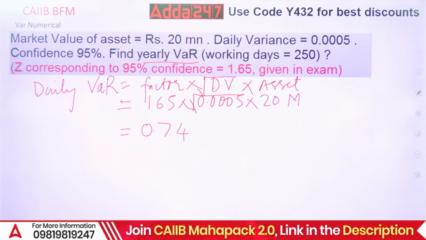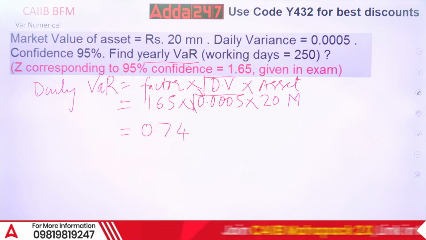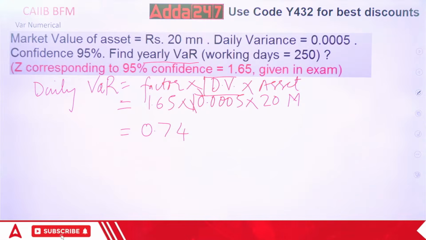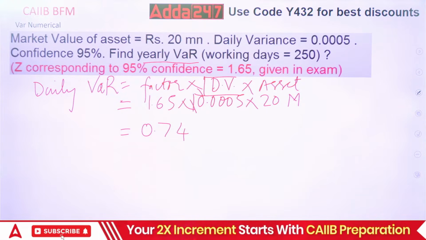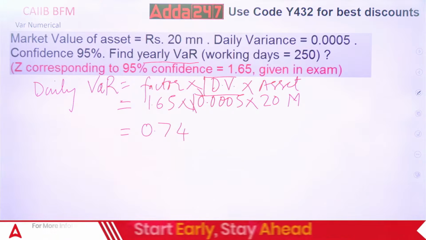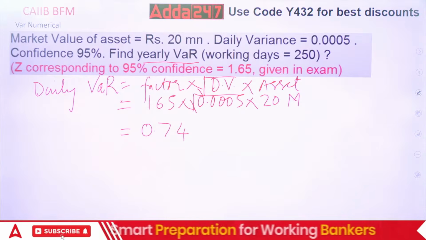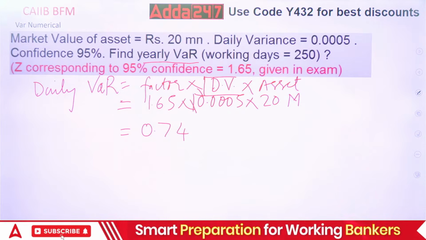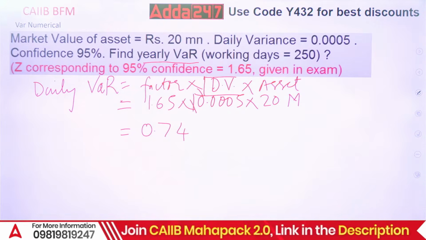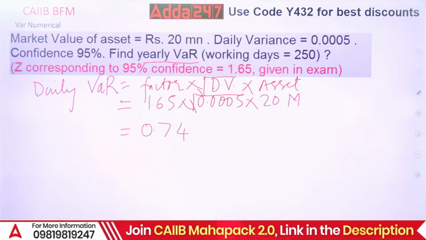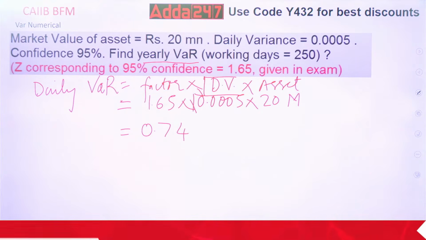Everyone, what is the answer? Are you getting 0.74? I've got 0.74: 1.65 into square root of 0.0005 into 20 million. So this million will be 6 zeros, 20 and then 6 zeros. Is anyone getting this?